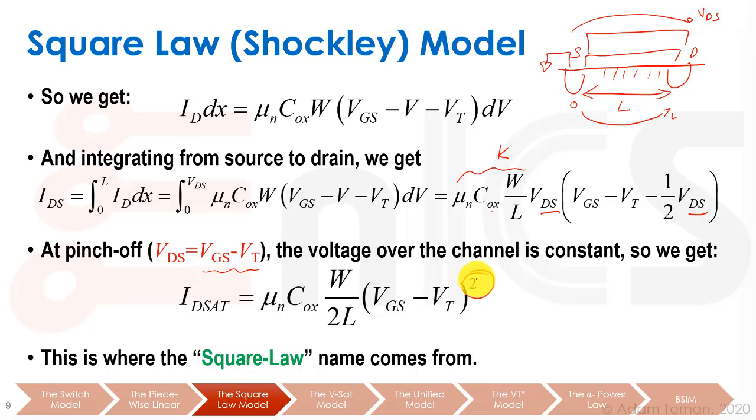And this squared over here is where we get the name square law, since ID gives us something that goes as VGS squared. So that's a square law model.